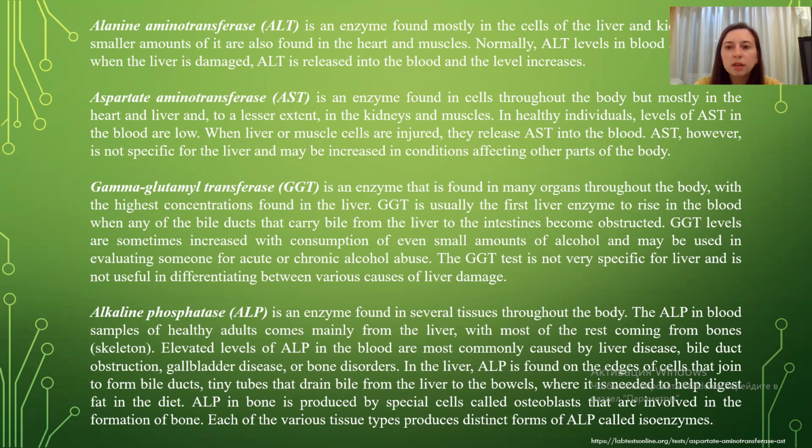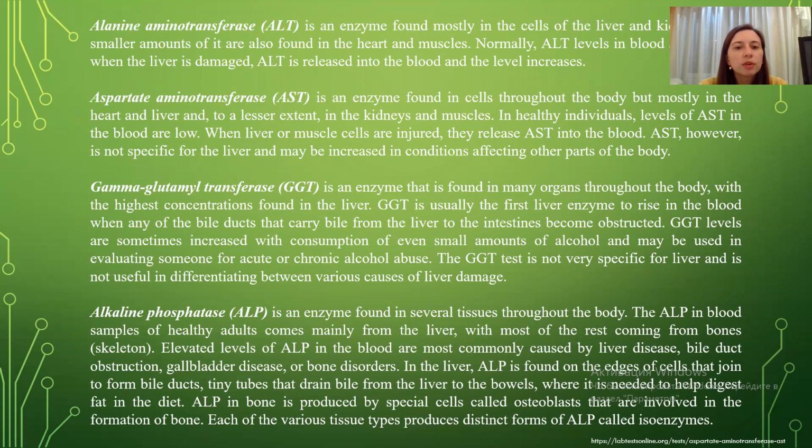In healthy individuals, level of AST in blood are low. When liver and muscle cells are injured, they release AST into blood. AST, however, is not specific for the liver and may be increased in conditions affecting other parts of the body.